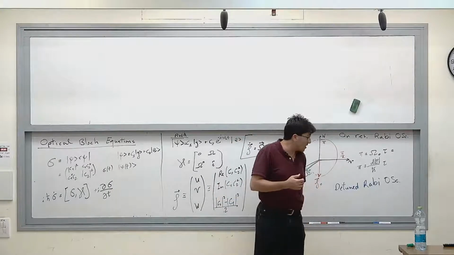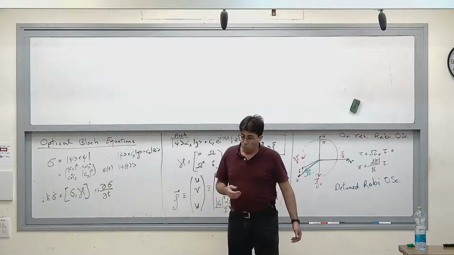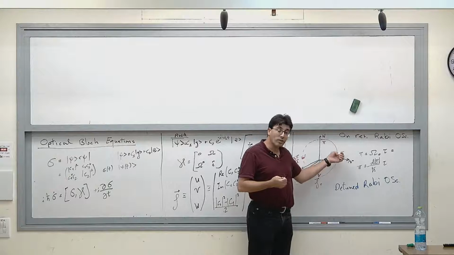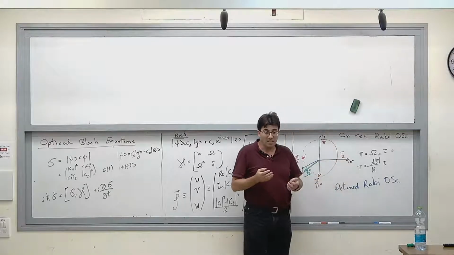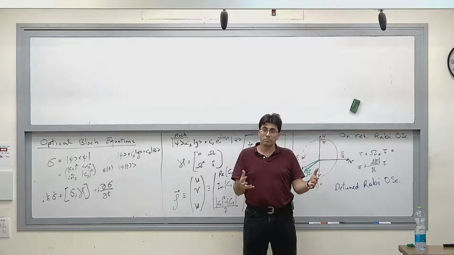That means that the time of interaction with the pi pulse was limited not by the excited state lifetime, but by the technical limit of making a large radio beam.